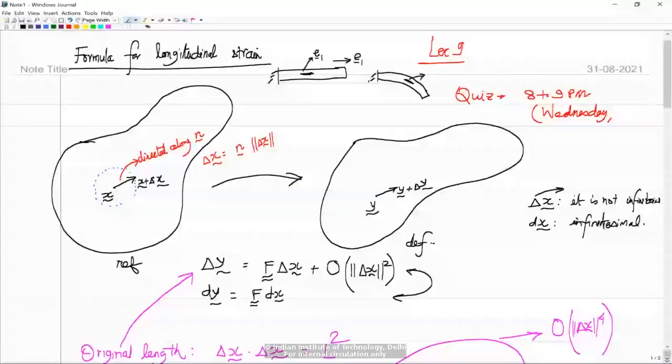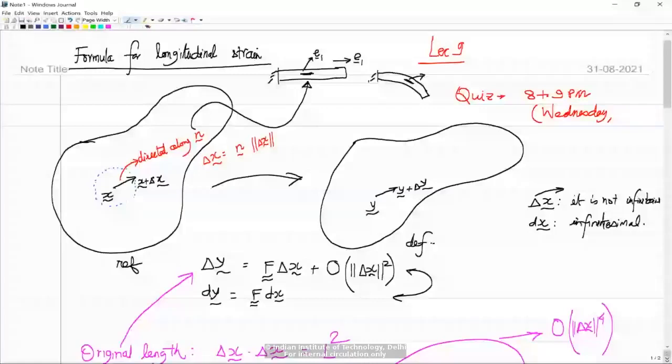But here, in the deformed configuration, it is not E1. So this N that you see here is the original direction, the one in the reference configuration, not the one in the current configuration. So I hope that is clear to all of you.